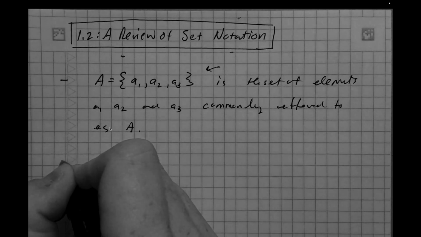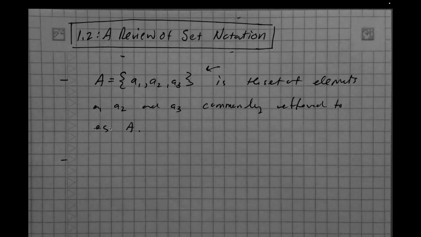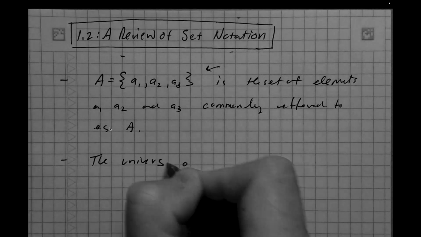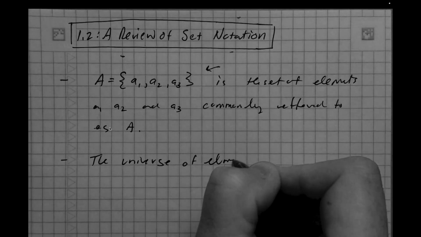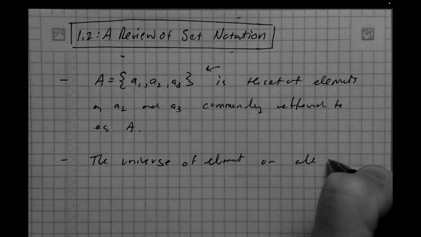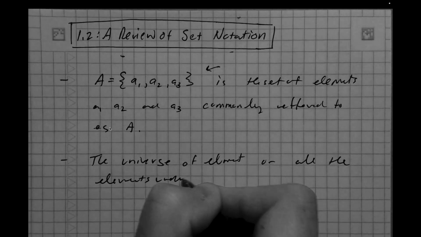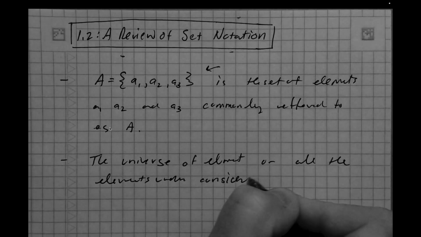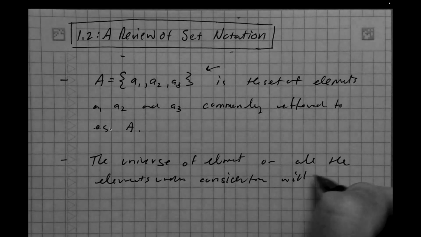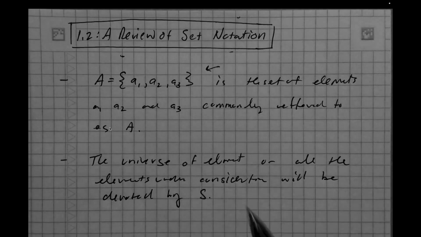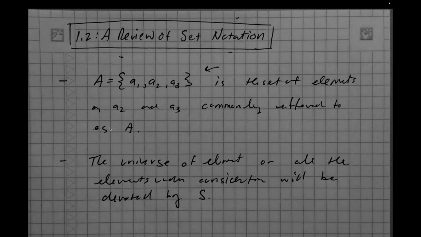We'll have a notion of the universe of elements, or all the elements under consideration, which will be denoted by S. For probability theory, we'll see why we choose the letter S later.